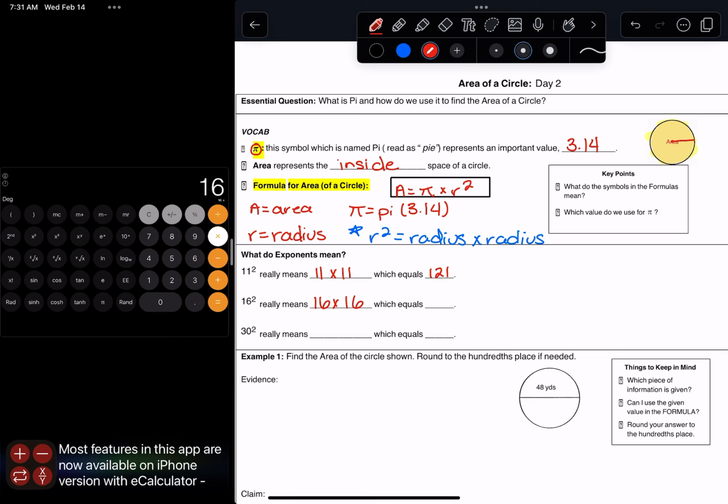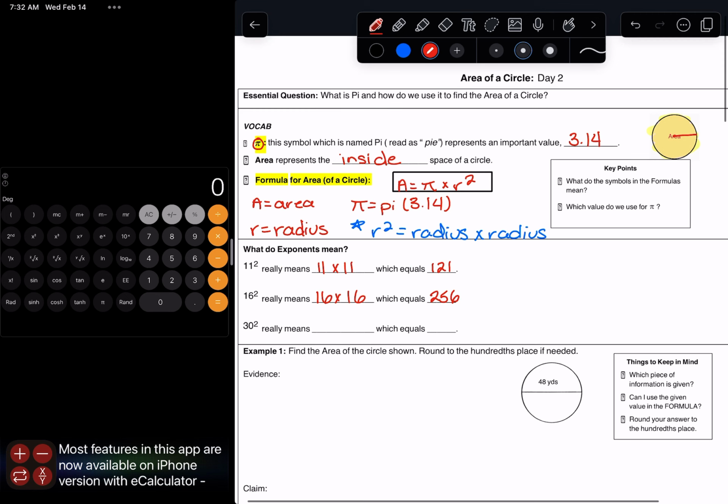Again, in our calculator, 256. And our last one, 30 squared, following the pattern from the last two, is 30 times 30, which is 900.